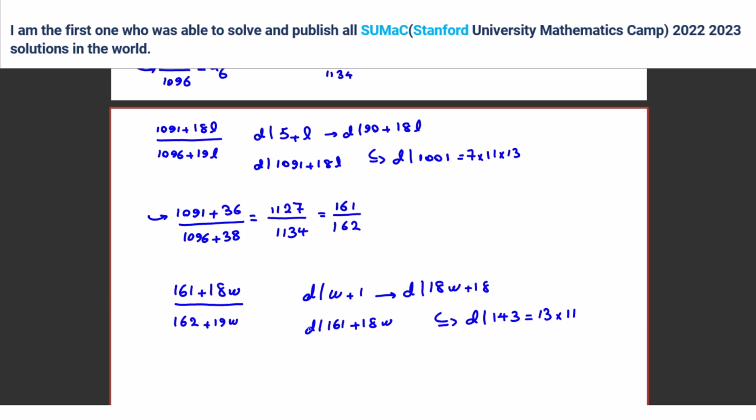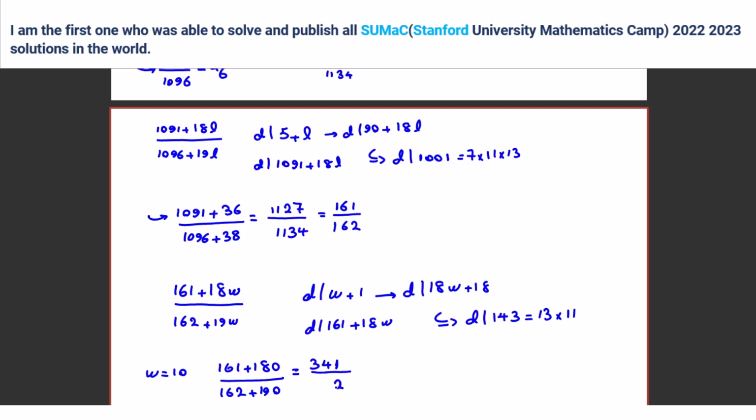So the minimum W can be what? 10, because 10 plus 1 is 11, right? So if we check W is 10, it's the minimum case that we should check. 180, 162 plus 19. So it will be what? 341, right?